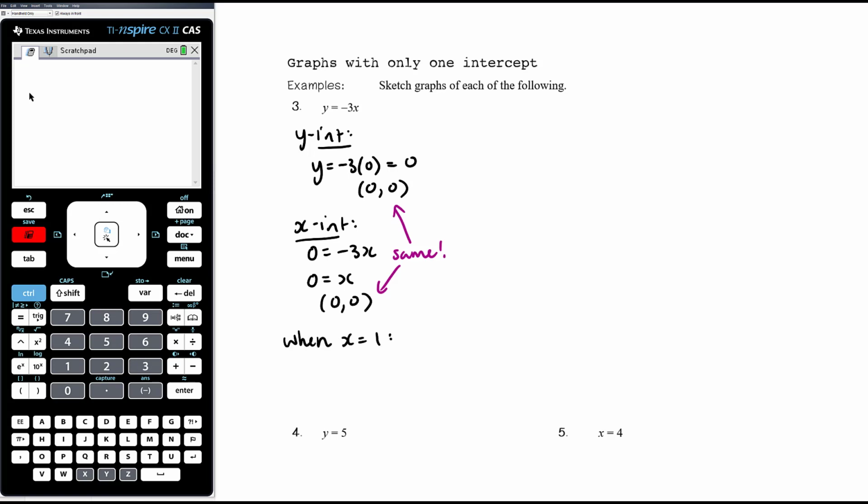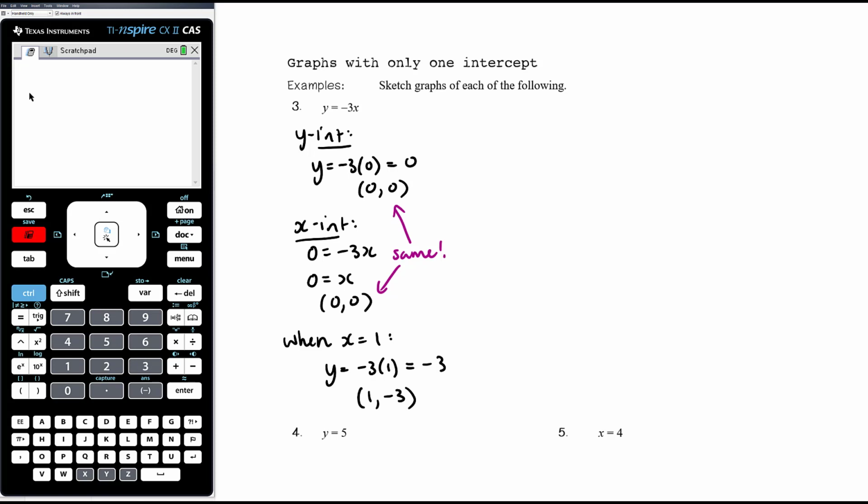When x is equal to 1, y is going to be equal to negative 3 times 1, which is negative 3, and so therefore the graph goes through the point 1, negative 3. That's another point. You could let x equals 2 and find that y equals negative 6 and mark the point 2, negative 6. You could let x equal 1.7 and find that y equals whatever negative 3 times 1.7 is, and mark that point on the graph. You could sub in x equals negative 10 if you want. It doesn't matter. Any other point.